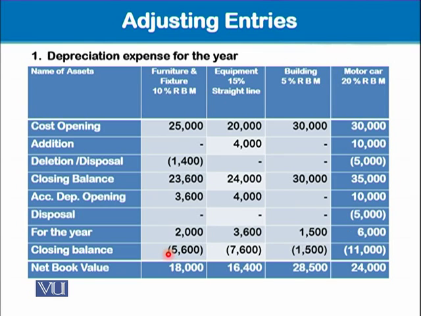And closing balance of accumulated depreciation is 5,600, 7,600, 1,500 and 11,000 respectively for furniture, equipment, building and motor car. And the net book value which will finally appear in the balance sheet: 18,000, 16,400, 28,500 and 24,000. So this is the depreciation schedule with us. Its working we will be discussing in the upcoming section.